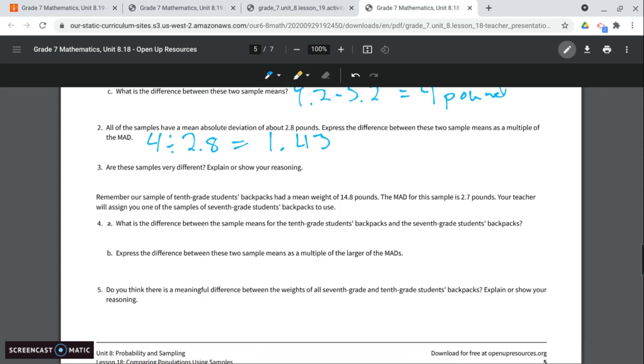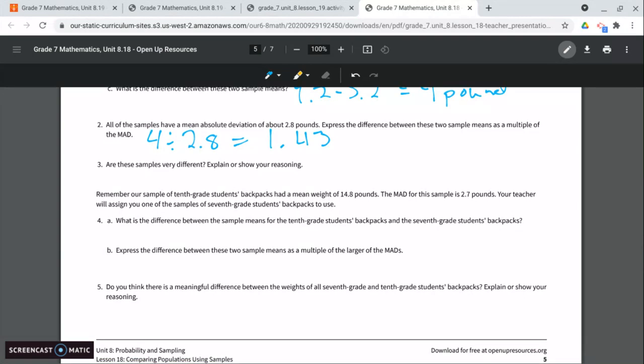So are these samples very different? No, they're all fairly close. They're all within 2 of each other. So no, they're not very different. Same population. All within 2 mean absolute deviations of each other.